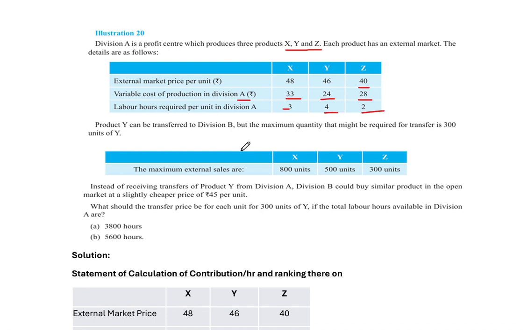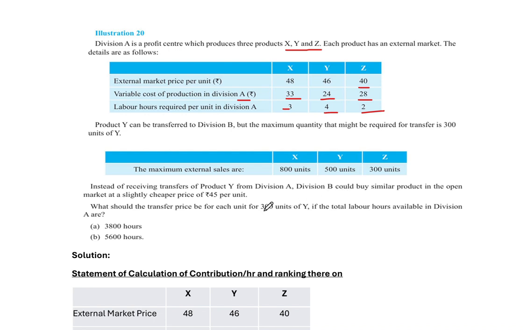Now one more important point. Product Y can be transferred to division B and division B may need a maximum of 300 units of product Y, but division B has another option.